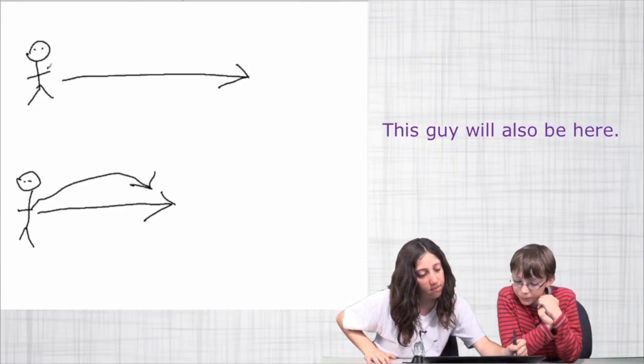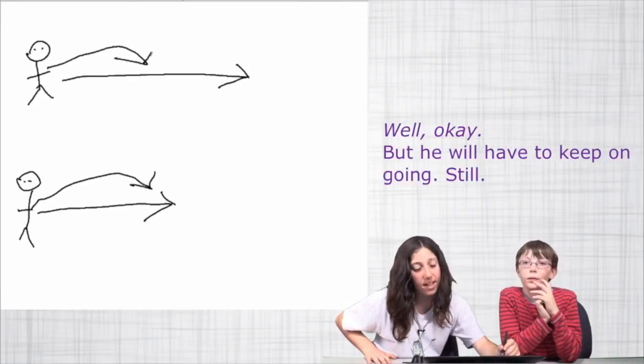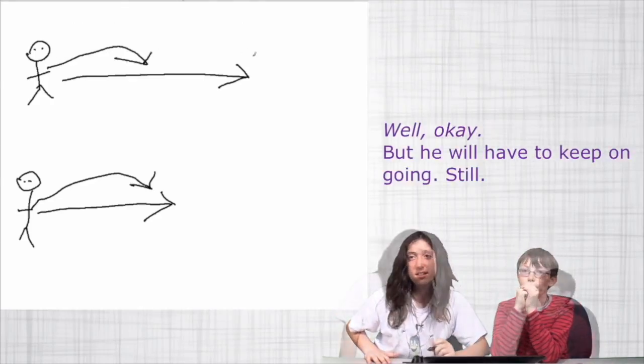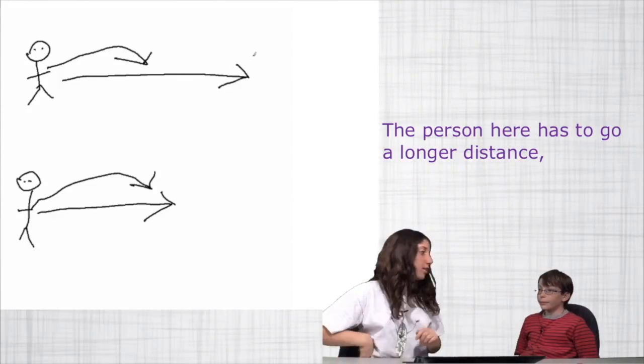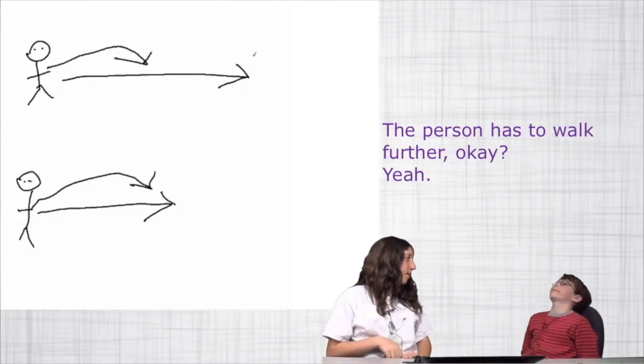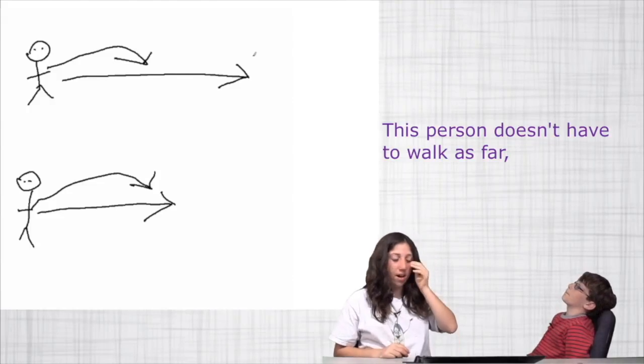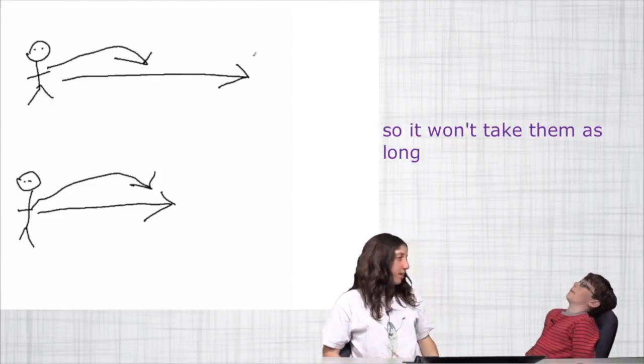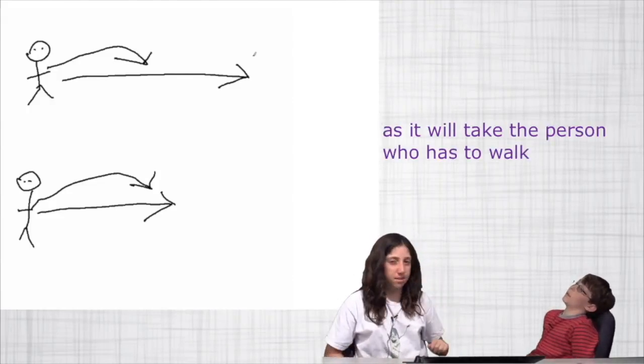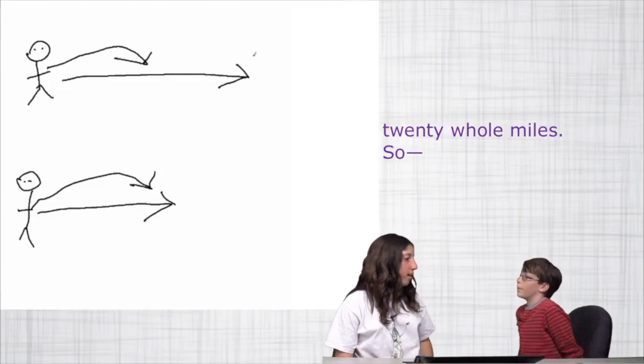This guy will also be here. Oh, okay. But he will have to keep on going still. This person here has to go a longer distance. This person has to walk farther, okay? Yeah. This person doesn't have to walk as far, so it won't take them as long as it will take the person that has to walk 20 whole miles.